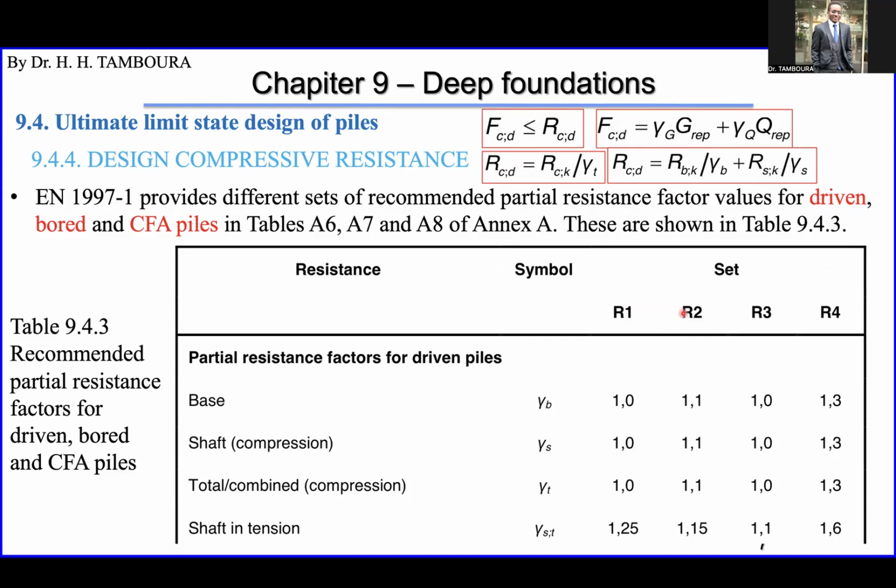R1 to R4 are just used in different design approaches. As you know, in Eurocode we have several design approaches: design approach 1, design approach 2, design approach 3. Design approach 1 even has 2 combinations, combination 1 and combination 2.